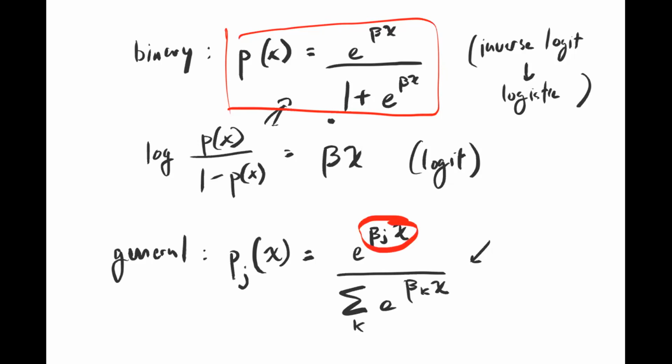So the utility associated with a particular outcome is measured as something like this.